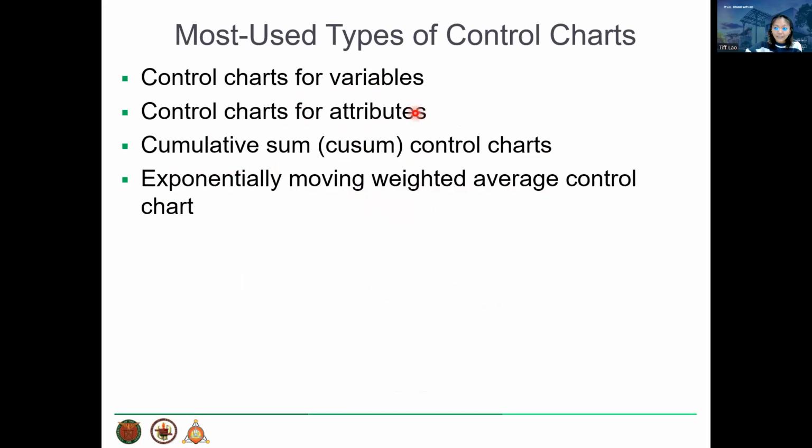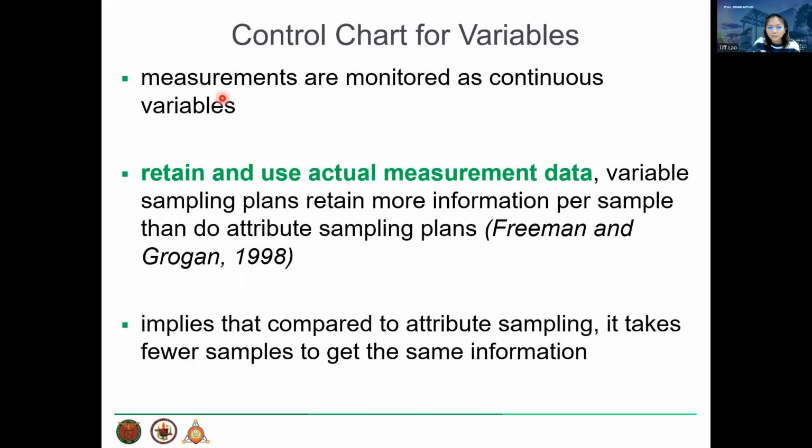So isa-isahin natin yung definition nito, but we will only focus yung paggawa ng chart dito sa first one, which is control charts for variables. Okay? So first, control charts for variables. Ginagawa mo siya kapag numeric yung data mo. Okay? Yun lang yun.